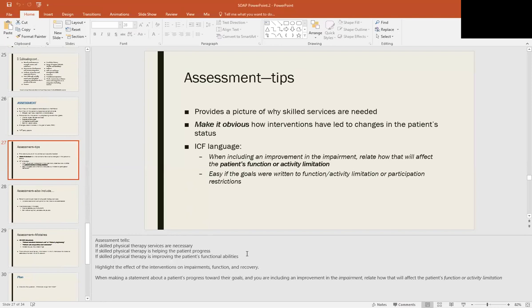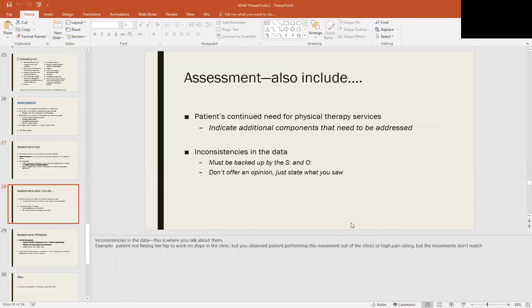You also want to include if the patient has a continued need for physical therapy services. Maybe they are making good progress towards their goals, but they have not reached their goals yet, so they need to continue to come to physical therapy.